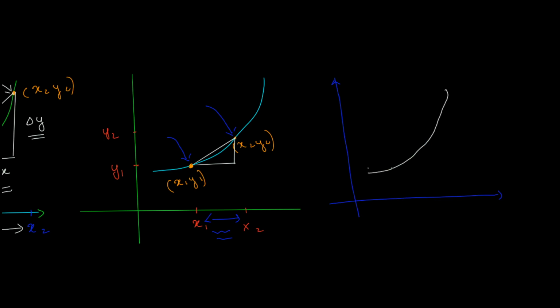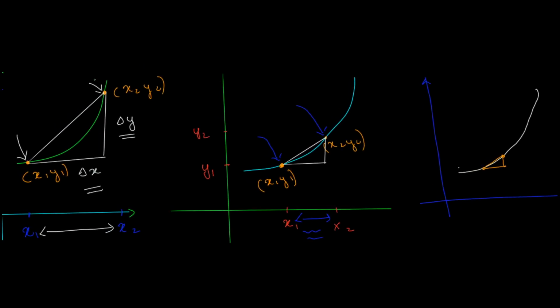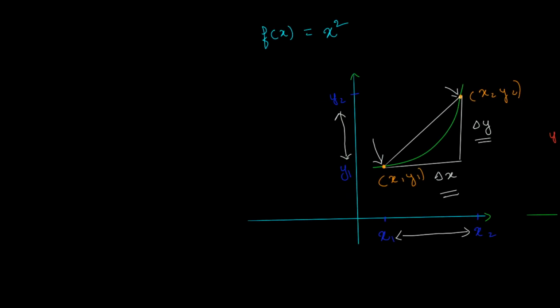Then I'll join these 2 points. This time I see the difference in steepness was very much large here. In the first case, I'll go back to the first case for a minute, please bear with me. In this case, look at this. This point is very steep.